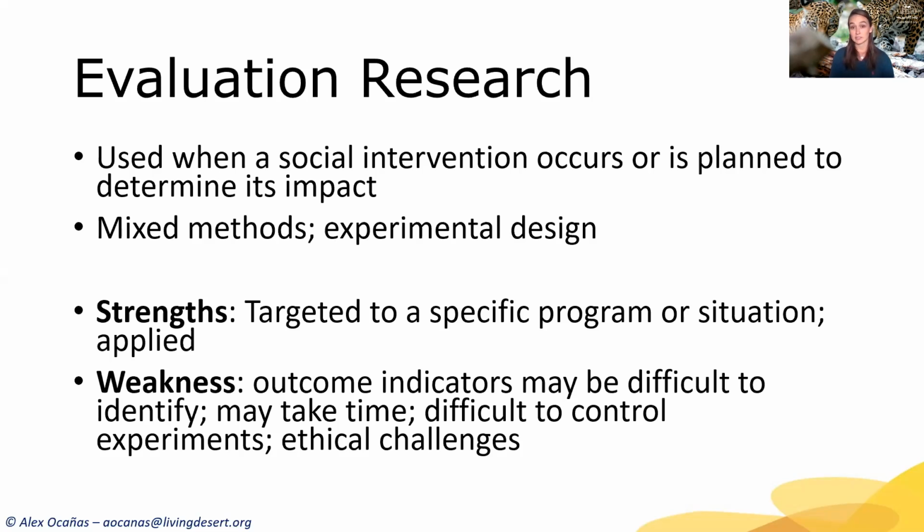And the evaluation sometimes can be done before the intervention in what's called a needs assessment. So there's certain traditions within evaluation research, and the topics are really limitless. You could be evaluating the effects of a policy change, evaluation of the educational program, of a new farming technique. It's really diverse here.